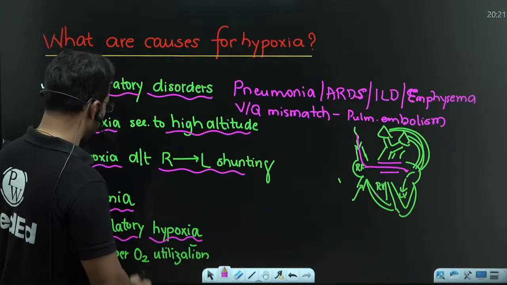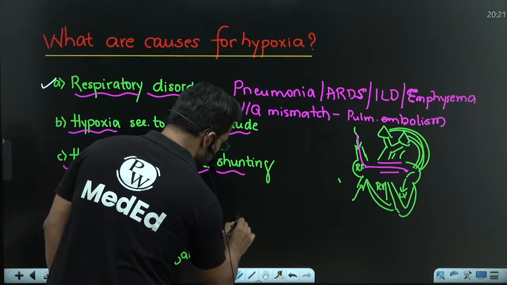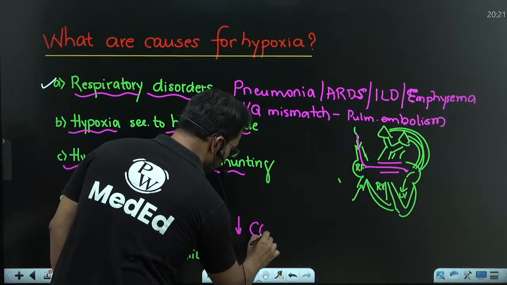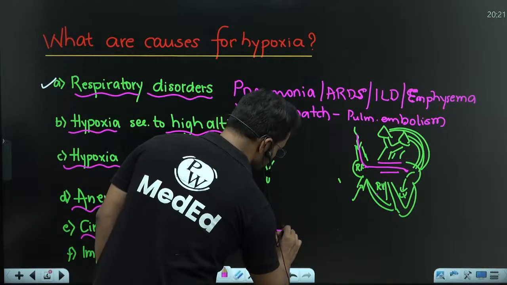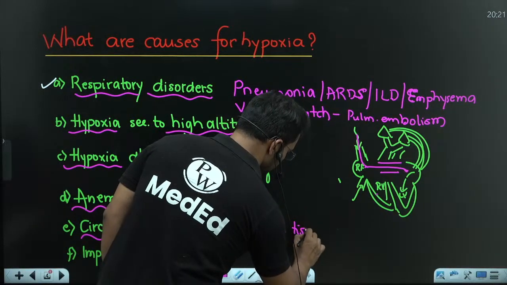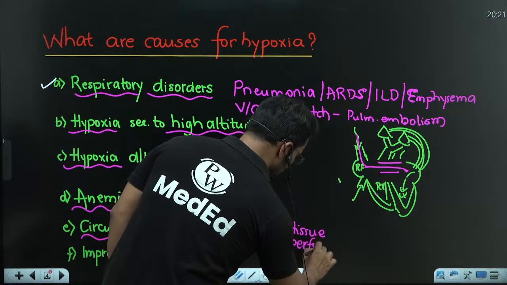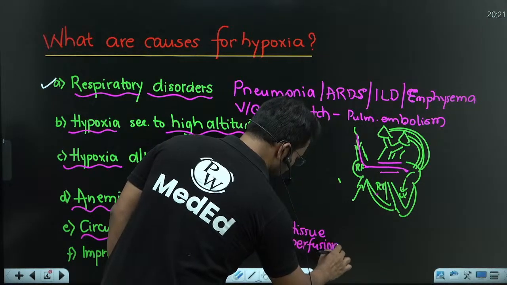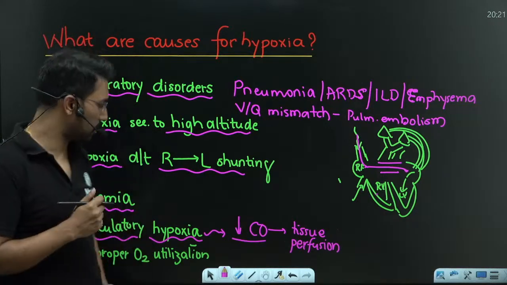That is what happens when there is circulatory hypoxia. This is where you have decreased cardiac output. This decreased cardiac output is leading to decreased tissue perfusion. And when tissues are not getting perfused, they're not getting blood, they're not getting oxygen, right? It doesn't matter how much oxygen is there in the blood.